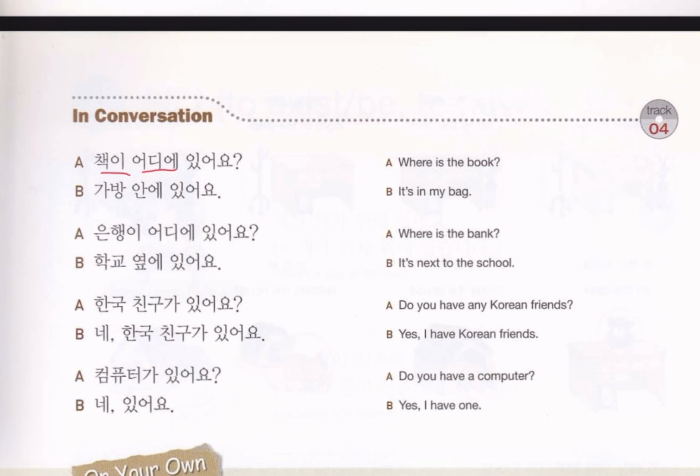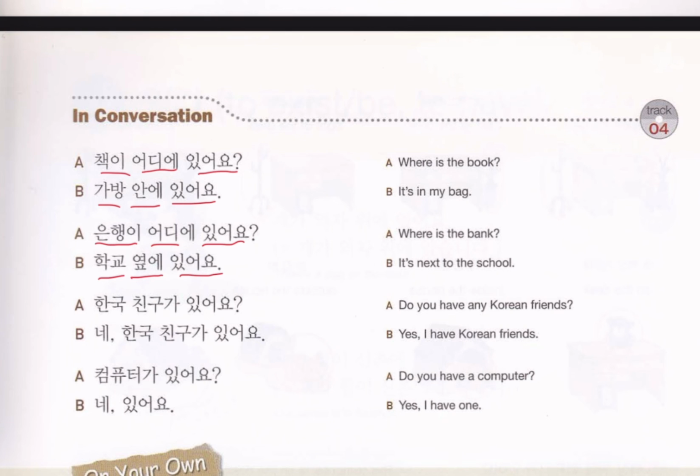책이 어디에 있어요? Where is the book? 가방 안에 있어요. This is in the bag. 은행이 어디에 있어요? Where is the bank? 학교 옆에 있어요.